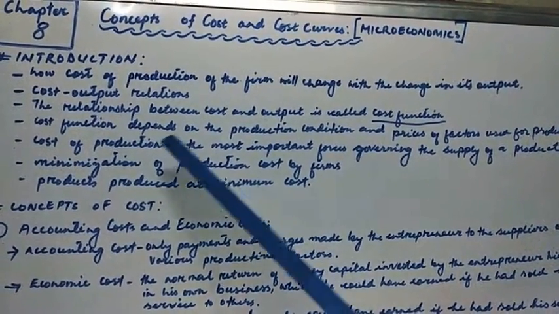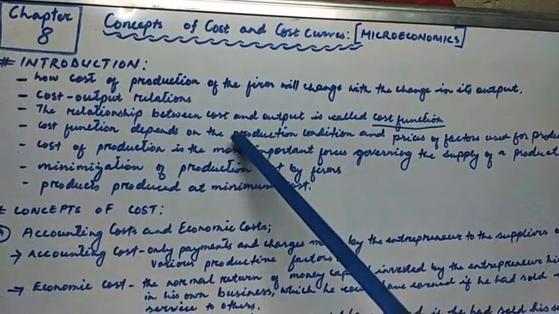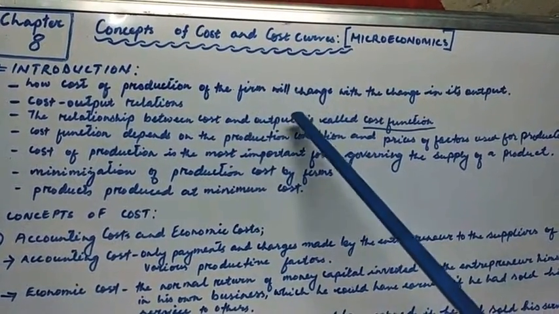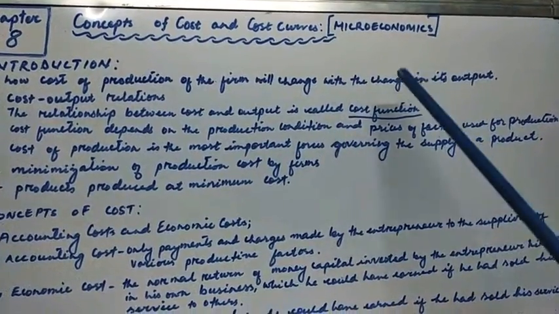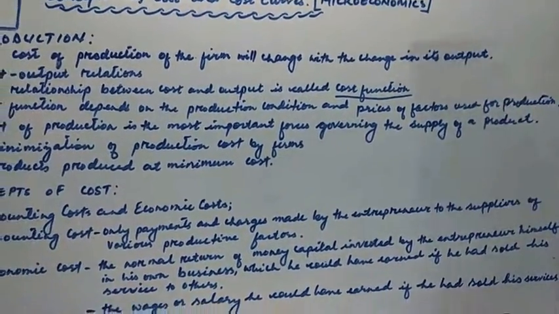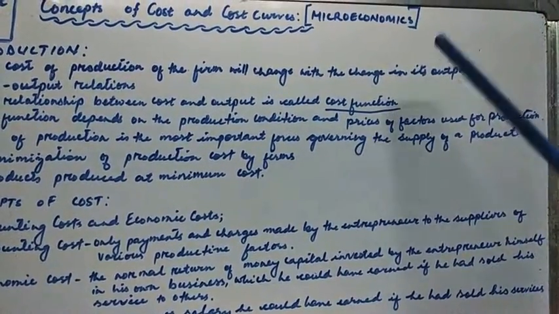Further, this cost function depends on the production conditions that we have discussed, that is returns to factor and returns to scale, and also the prices of the factors used for production, maybe land, labor, capital, all those.